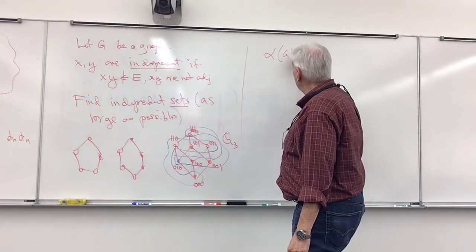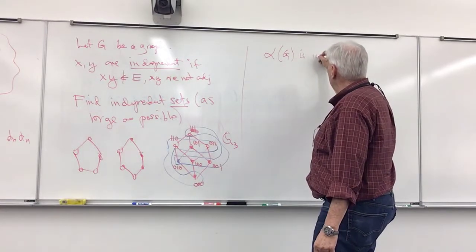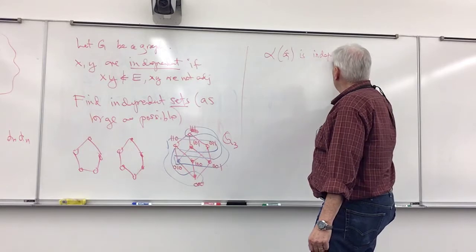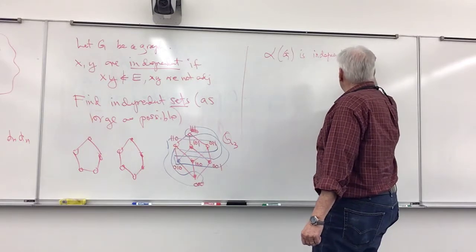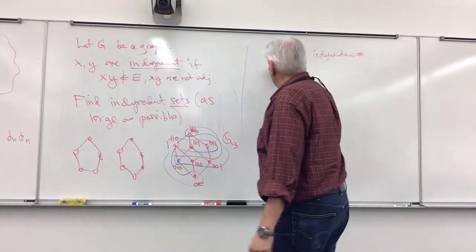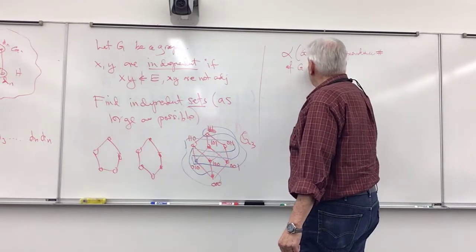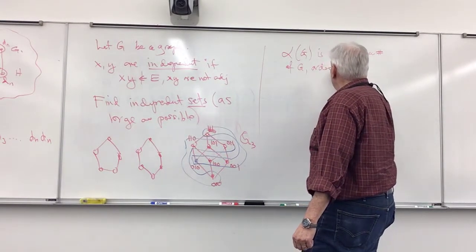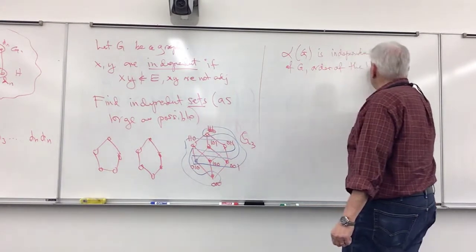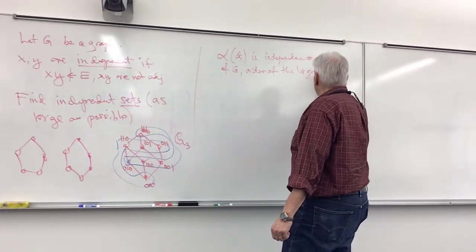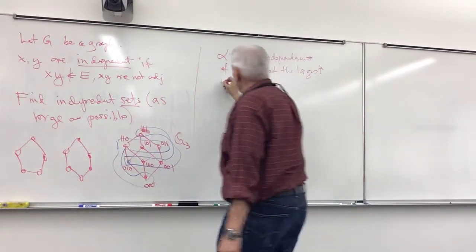Alpha of G is called the independence number of G, and it is the order of the largest independent set in G.